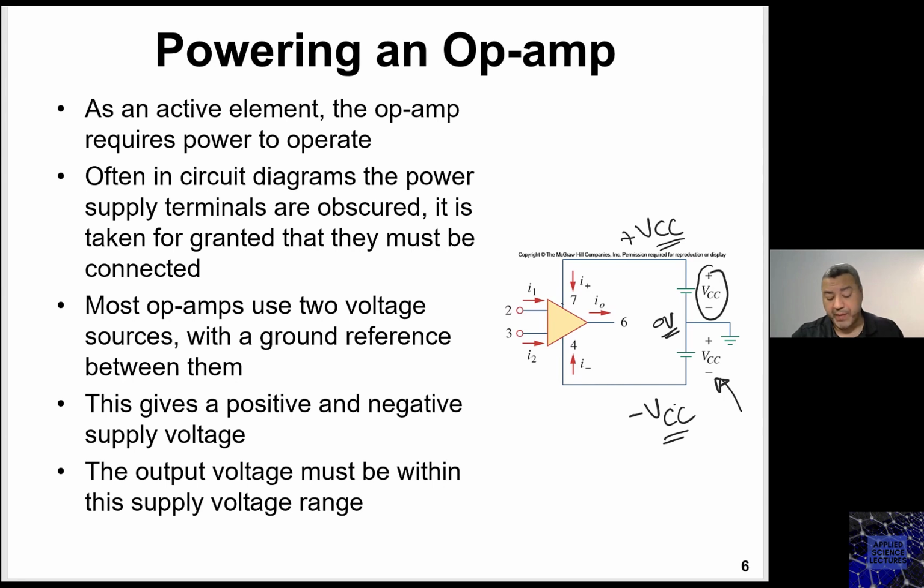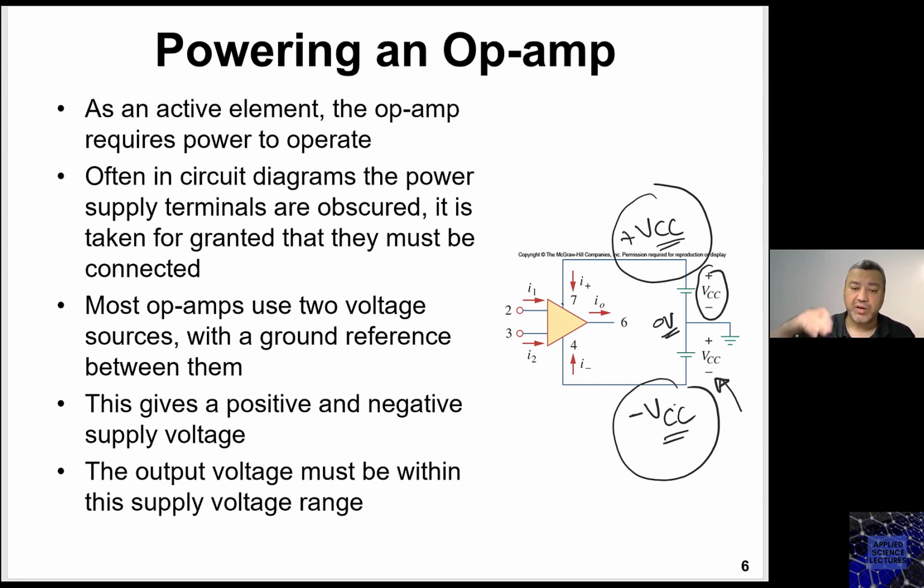Okay, so keep in mind that this operational amplifier is restricted by those supplies, which means when this operational amplifier, let's say, amplifies a signal, it cannot go beyond positive VCC or less than minus VCC. So those are its limits. It cannot go beyond them.